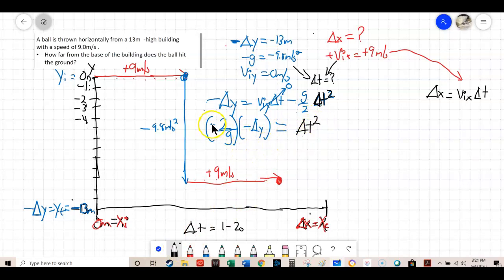Well, the negatives will cancel out, and then for delta t squared, I'm going to square root both sides, and we're going to get the square root of 2 delta y over g.